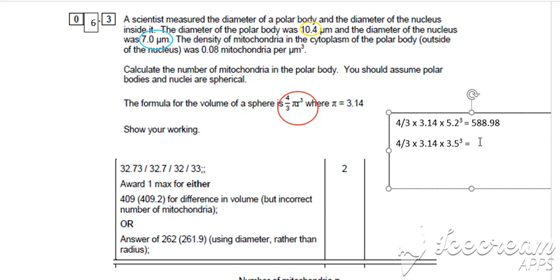And that should give us an answer of 179.59.